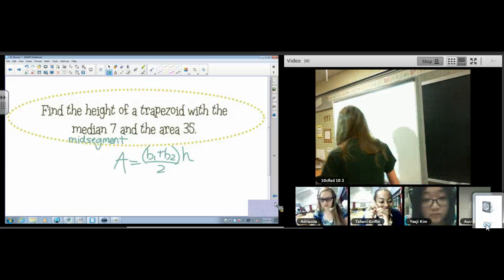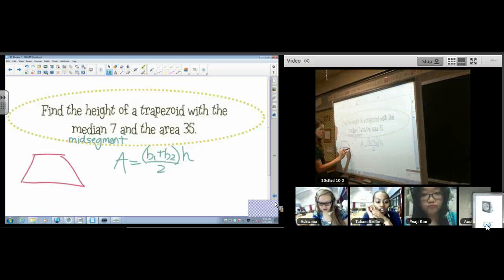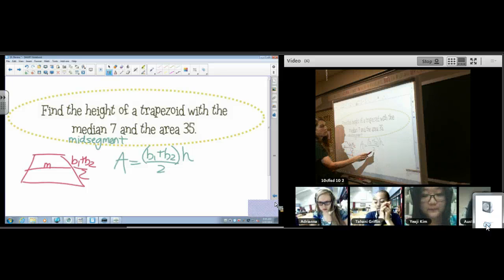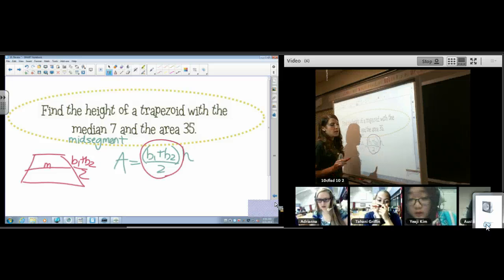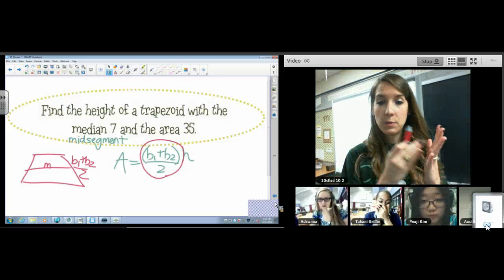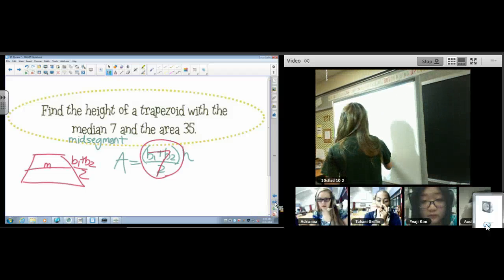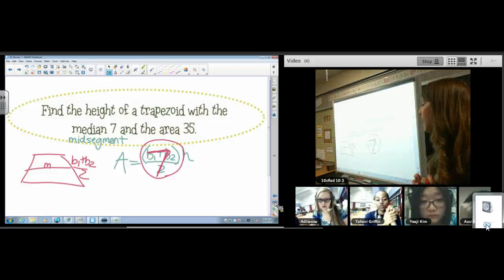So, we talked about this. In a trapezoid, the mid-segment is the average of the bases. It's base 1 plus base 2 divided by 2. That matches something in the trapezoid formula. So in the formula, instead of base 1 plus base 2 divided by 2, you can put 7 because the mid-segment is 7.